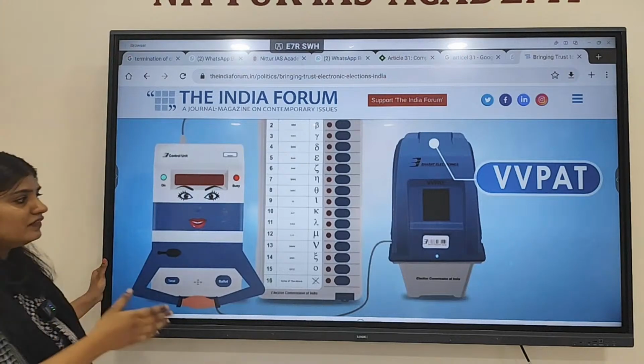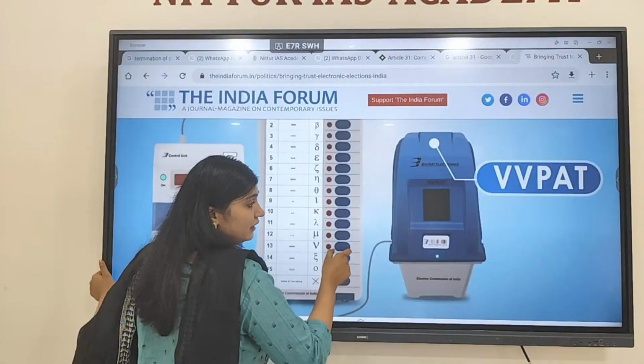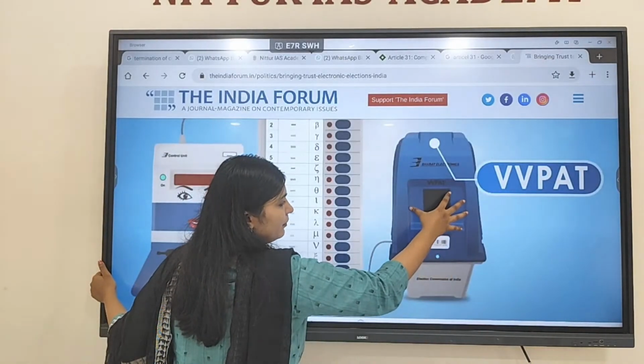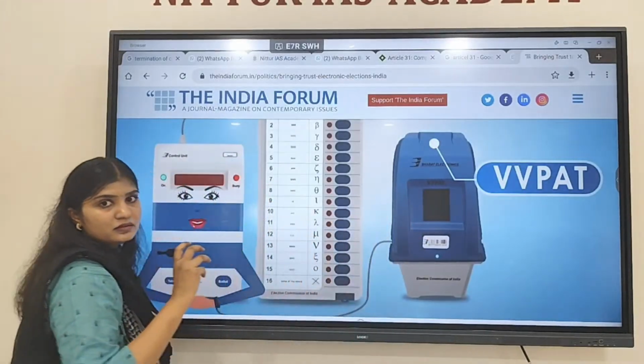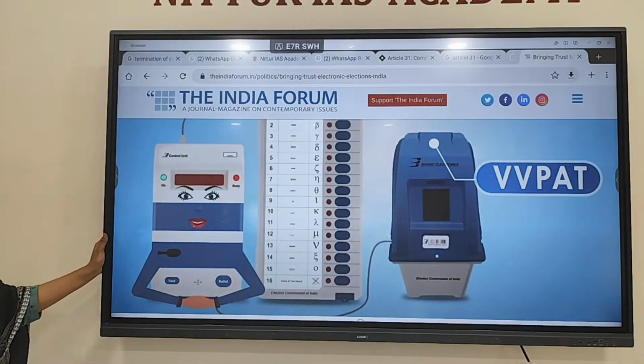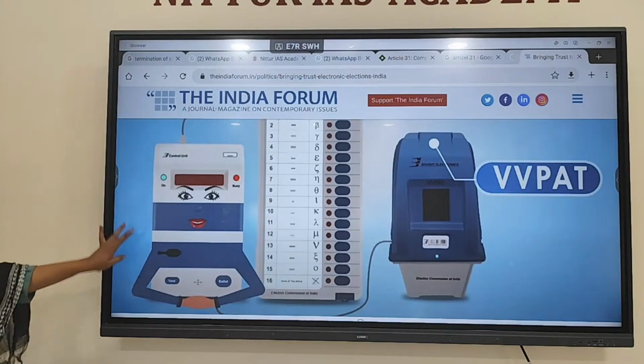Along with that, once you click the respective candidate, here this is the VVPAT. It will show in the image the name of that candidate and the symbol, and it will get cut within 7 seconds. It will just show you for 7 seconds. Have you understood this?